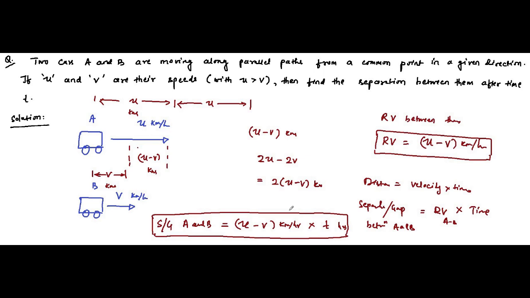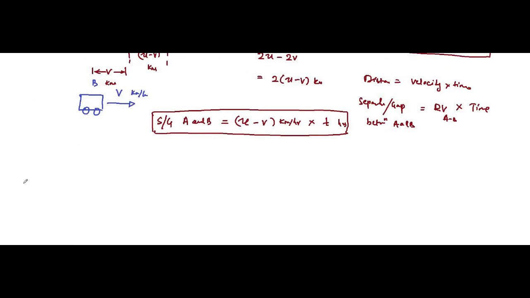As you can see, when both the cars or vehicles or bodies or objects are moving in the same direction, the relative velocity between them will cause an increase in the gap.